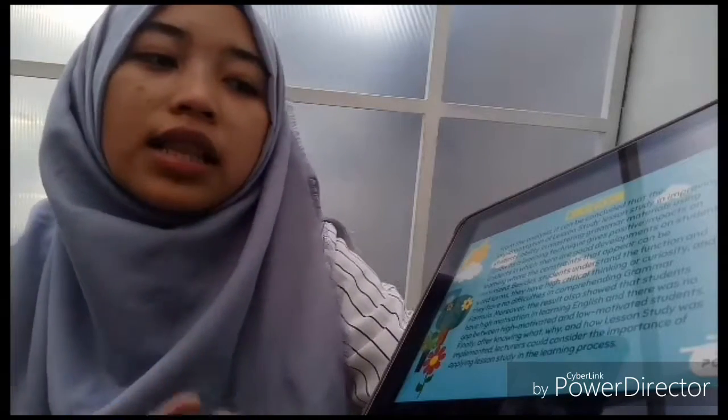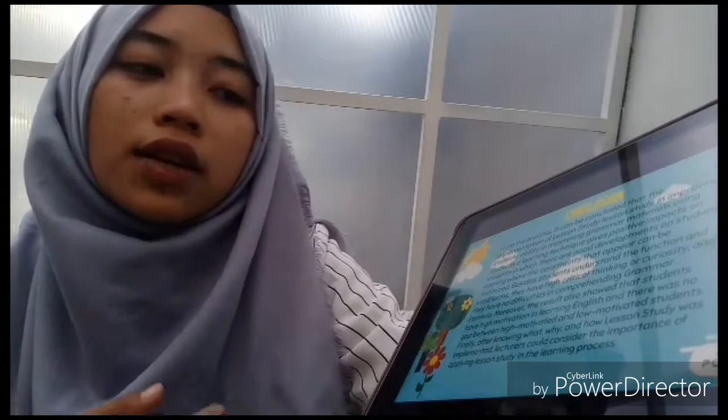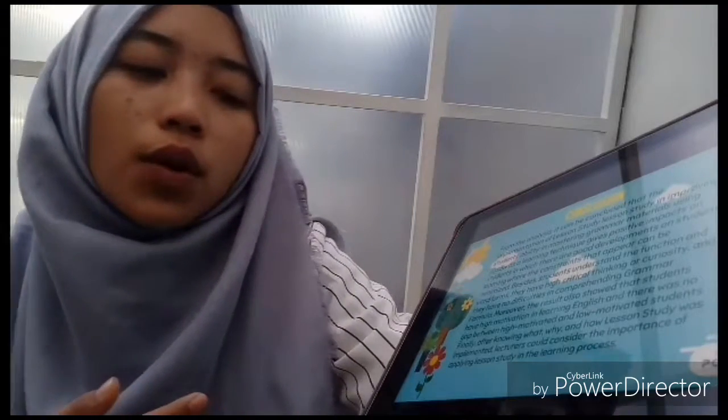Besides, students understand the function and word forms, they have high critical thinking or curiosity, and they have no difficulties in comprehending grammar formulas. Moreover, the result also showed that students have high motivation in learning English, and there was no gap between highly motivated and low motivated students.